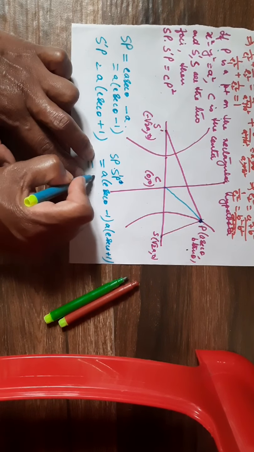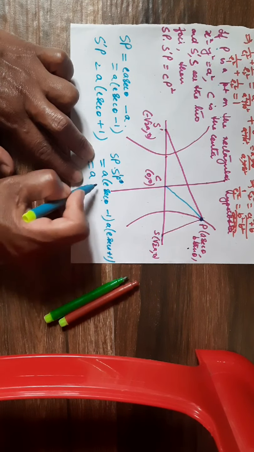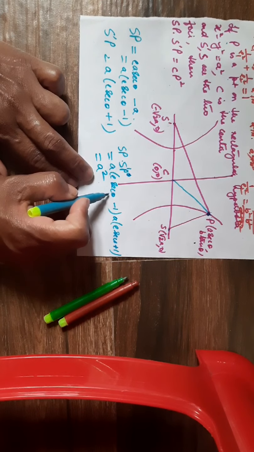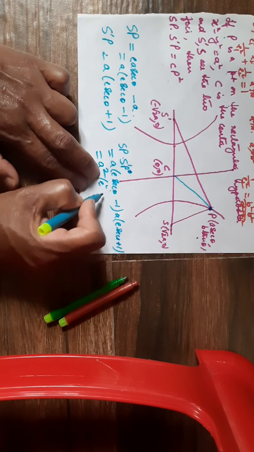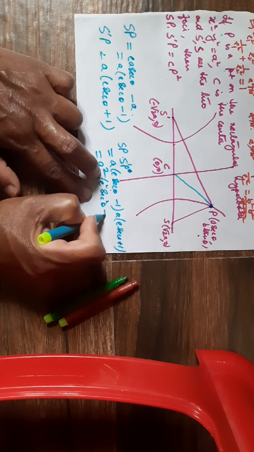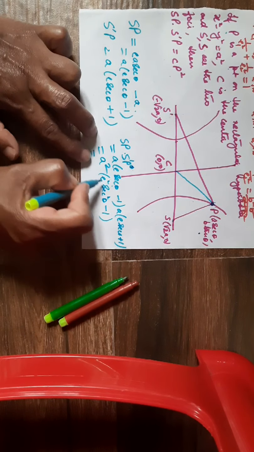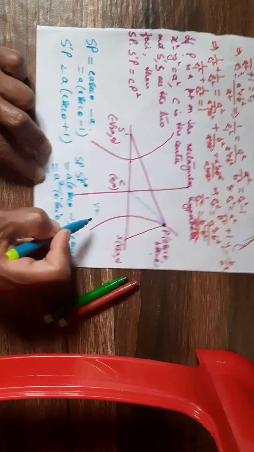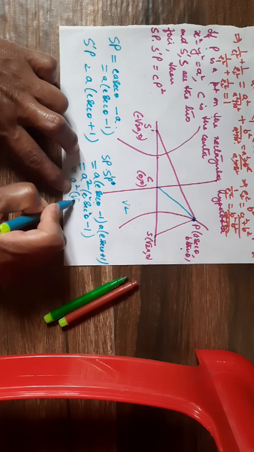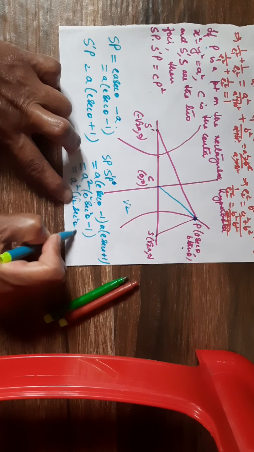So this is a square into (e square secant square theta minus 1). And what is the value of e? We know that for a rectangular hyperbola, the value of e is root 2. So it will be a square into (2 secant square theta minus 1).